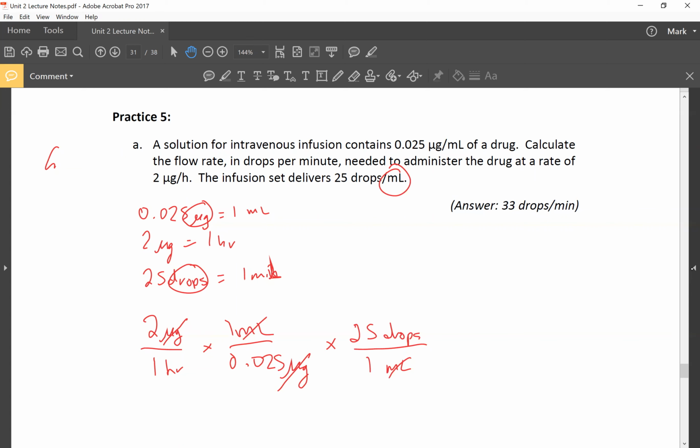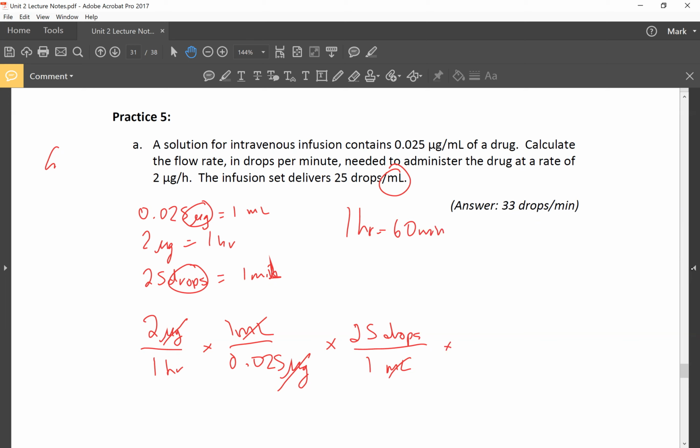So I know how many drops I need to give per hour, and there's only one step left. I want to see how many drops per minute. Well, I already know how to convert hours to minutes. 1 hour is 60 minutes.